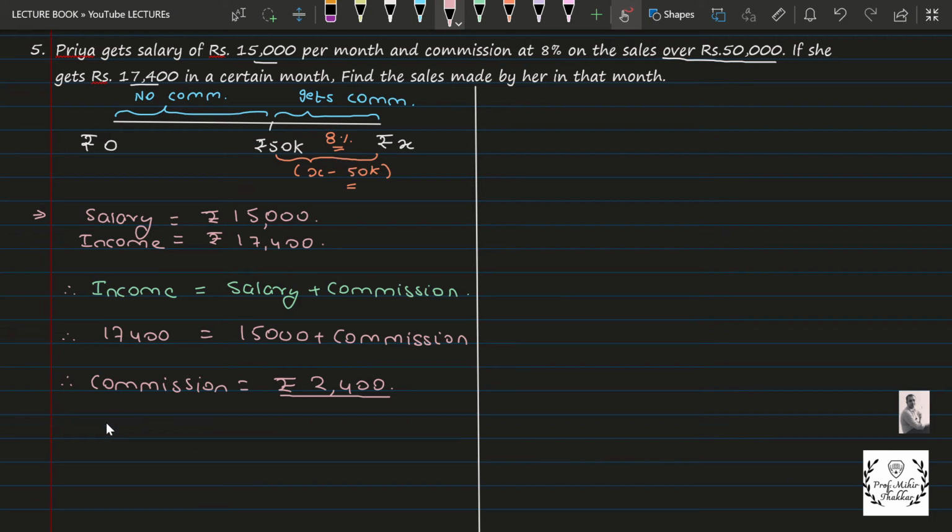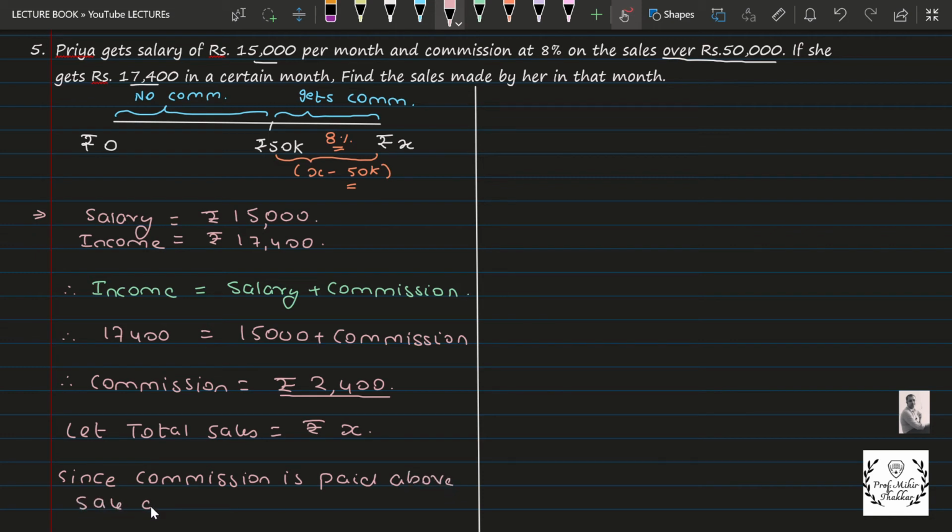So now let us consider over here, let total sales be rupees X. Since commission is paid above sale of rupees 50,000, therefore sale value is equal to rupees X minus 50,000.